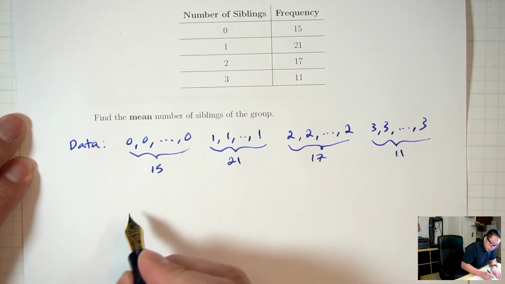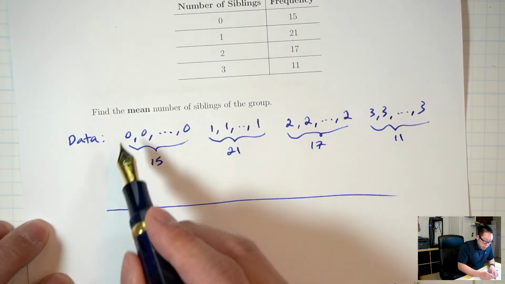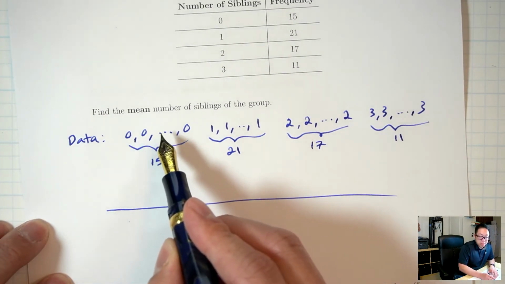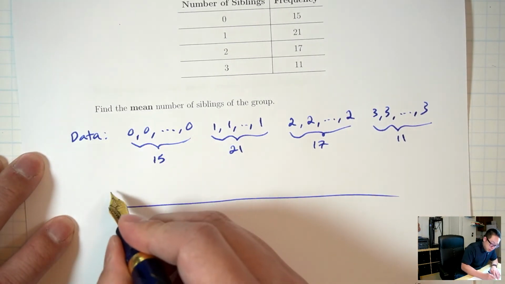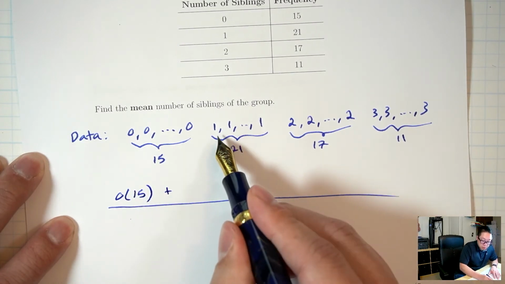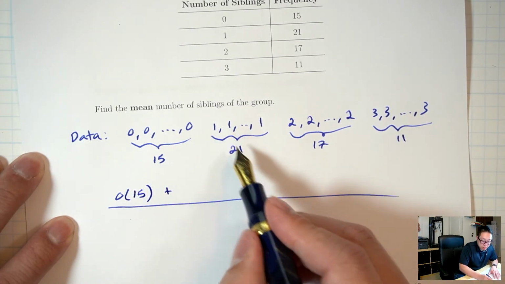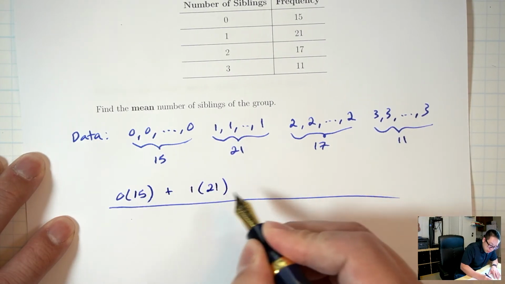So add up all these numbers. You could go 0 plus 0 plus 0 plus 0, 15 times, or that's the same thing as saying 0 times 15. You could go 1 plus 1 plus 1 plus 1, 21 times, but that's the same thing as 1 times 21.